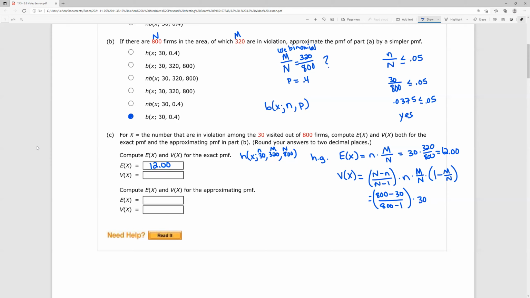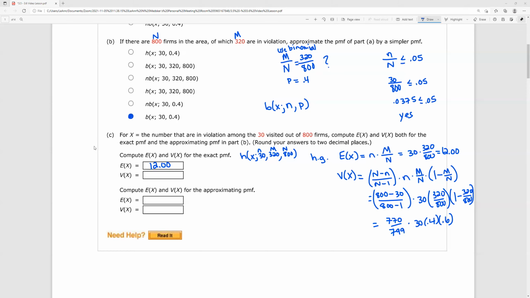But if you want to write it out, it's 30 times 320 over 800 times 1 minus 320 over 800. Well, I already know this fraction is going to be 770 over 799. This is 30 times 0.4 times 0.6. It ends up kind of equating to what we saw with the binomial.